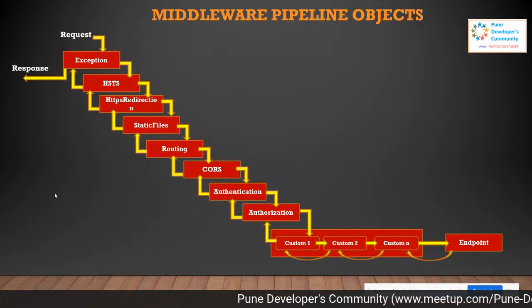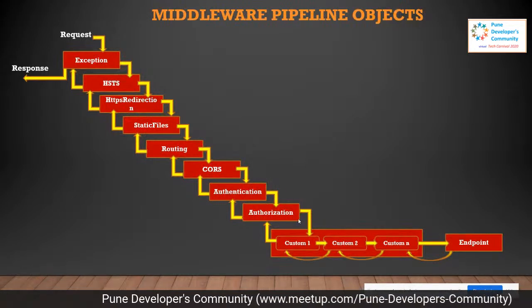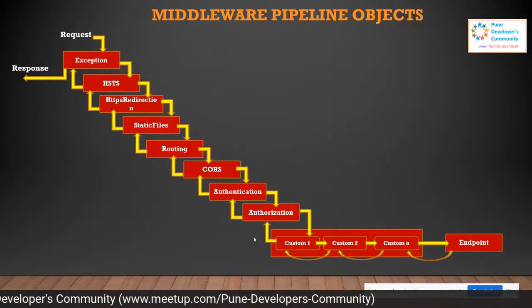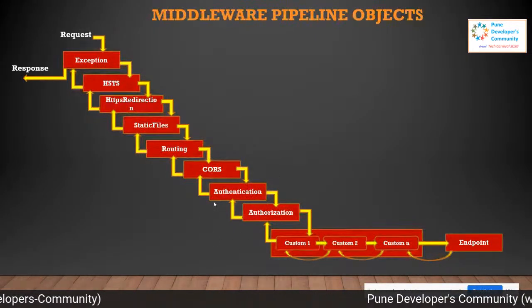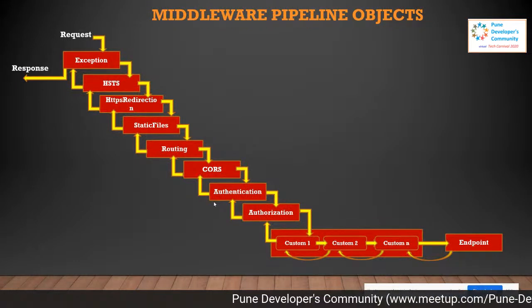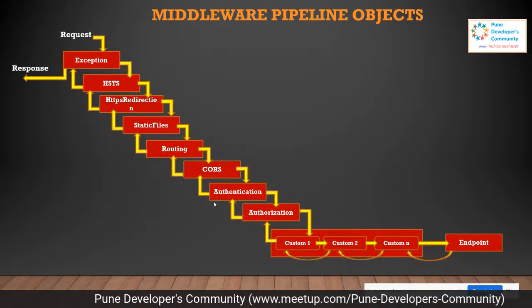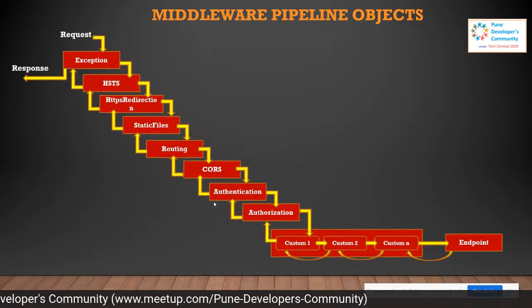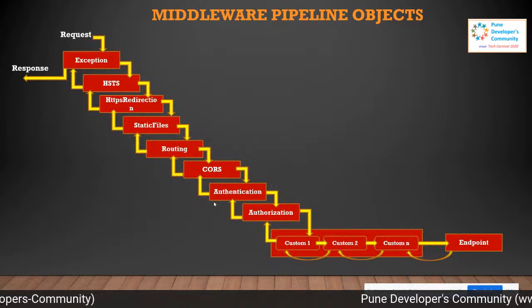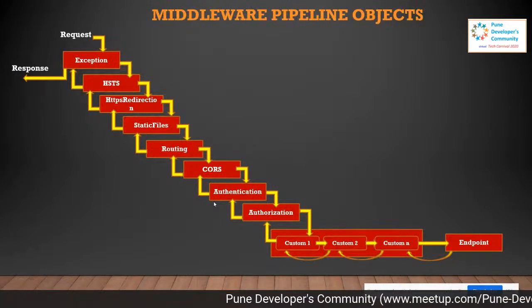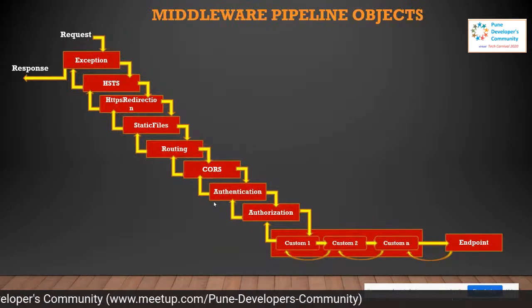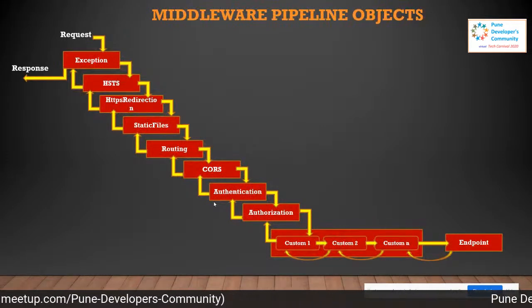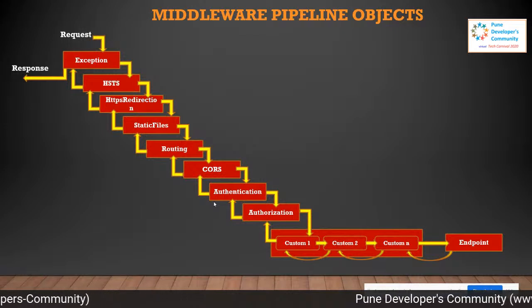Now, as far as security is concerned, we have these two middleware objects. The first one is authentication, the one which will take care of authentication, and the second one is authorization.